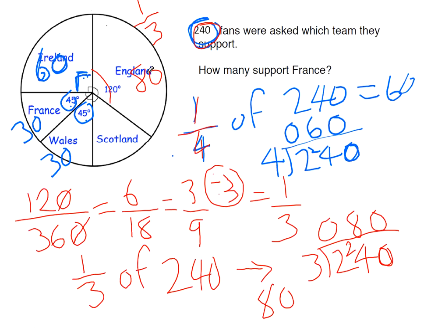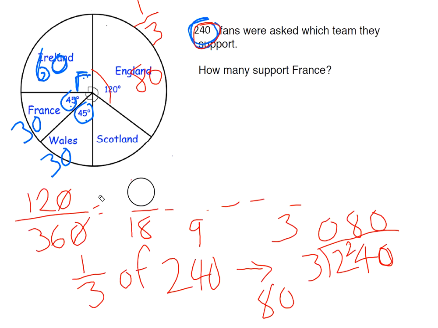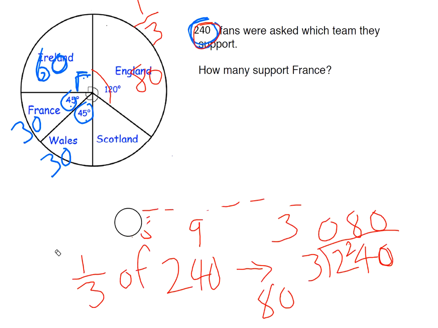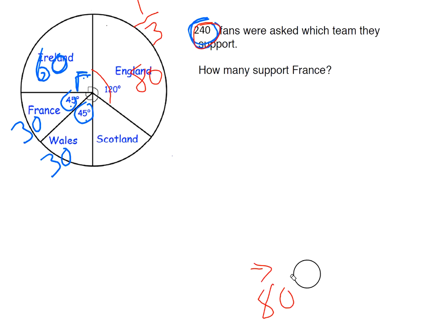Now what we need to do is work out Scotland. You'll notice Scotland does not have an angle. You can work out the angle if you want to, because you know angles all add up to 360. So you could add up all the angles, the 90, the 45, the 45 and the 120, and then take away from 360.